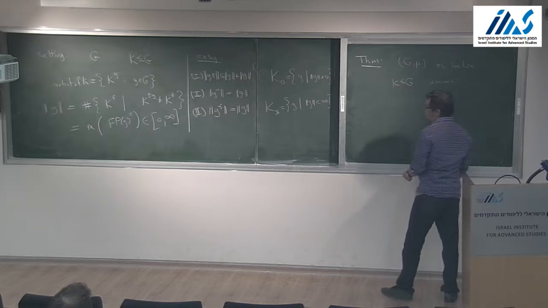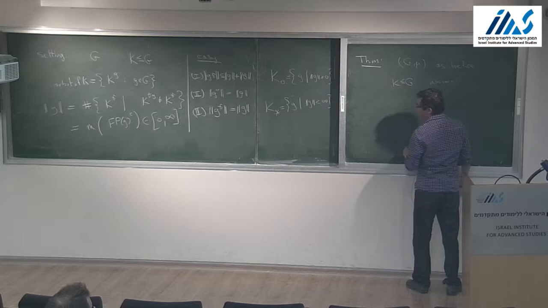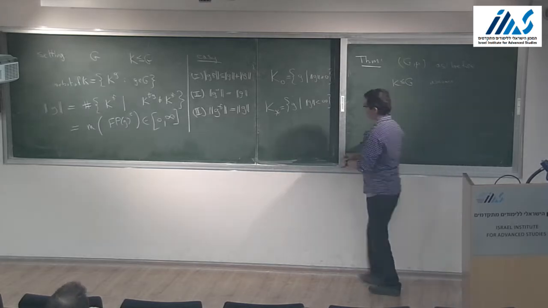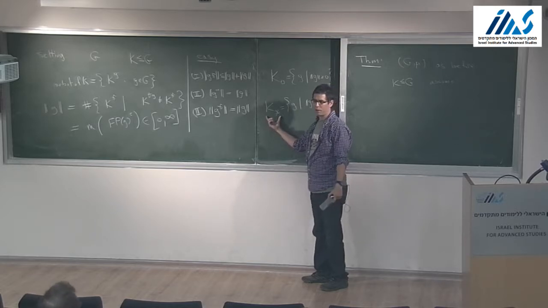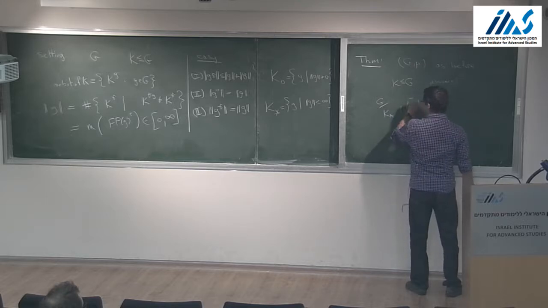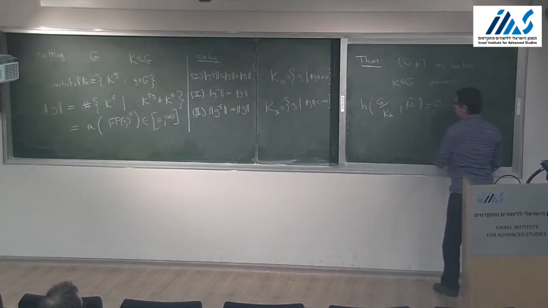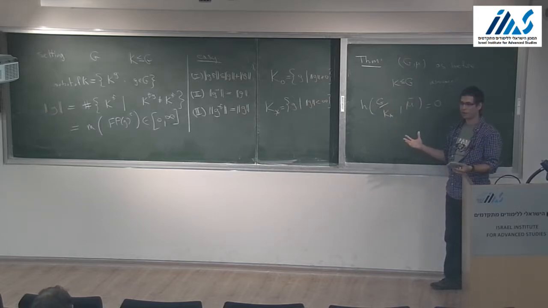I have normal subgroups, so I can consider their quotients under G. We're going to assume that the bigger one, K star, is almost all of G. In what sense? With respect to this measure mu, I'm going to assume that the entropy of the projected random walk is 0, which is another way to say that this quotient is a Liouville group with respect to this measure. So K star, in this sense, is almost all of G.